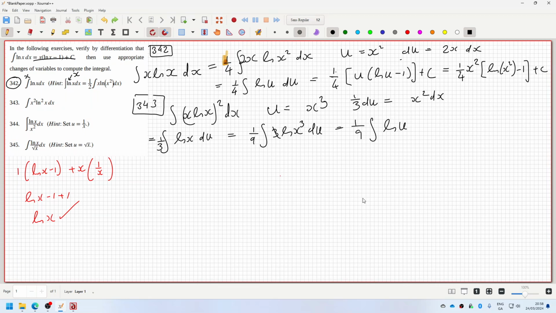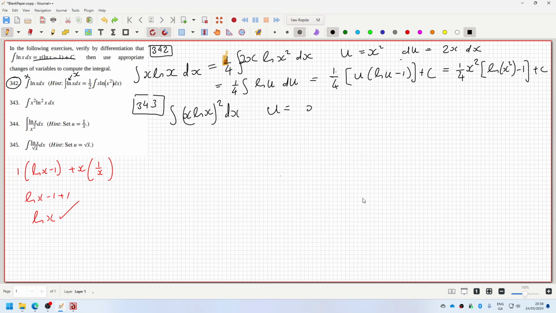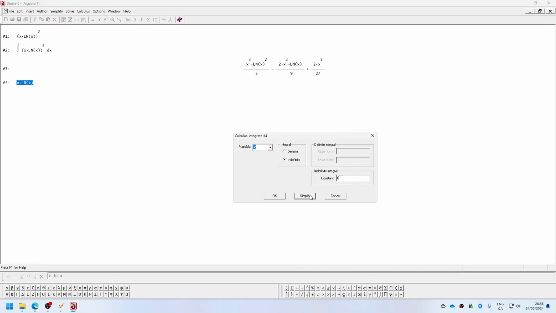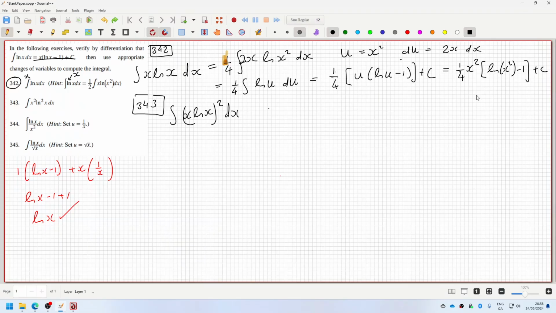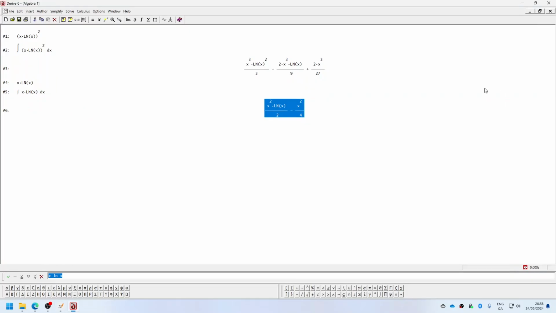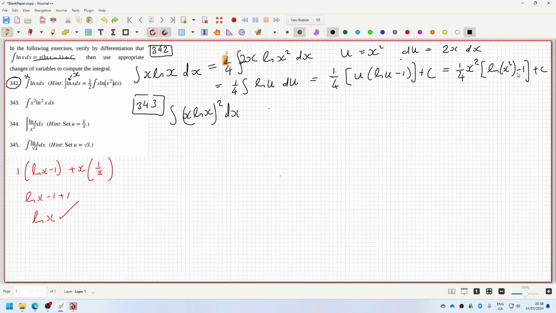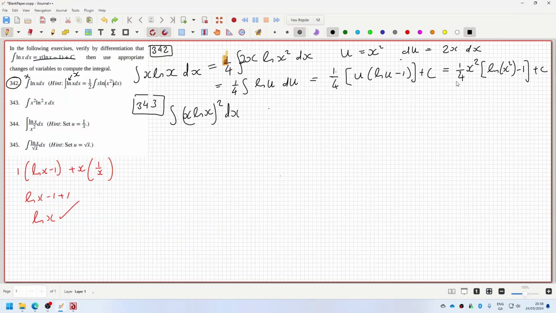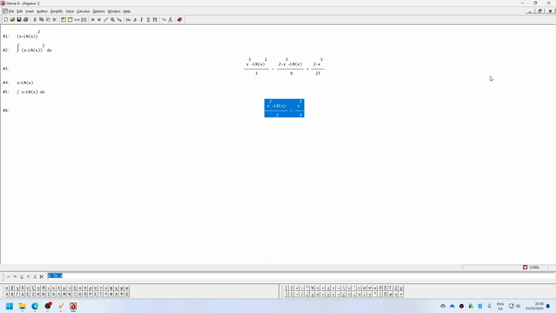All right, I'll go back in time. But let me just check that my previous answer is right for integrating x log x. X squared log x over 2 minus x squared over 4. X squared log x over 2.